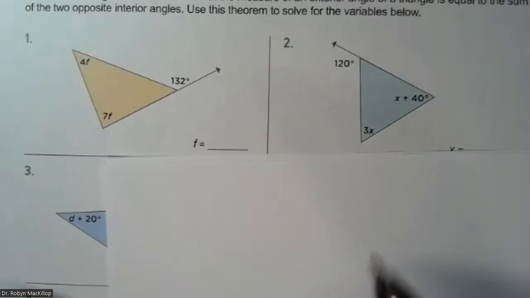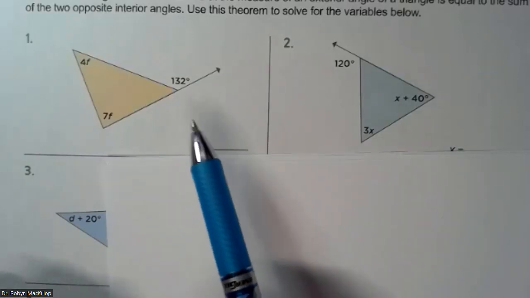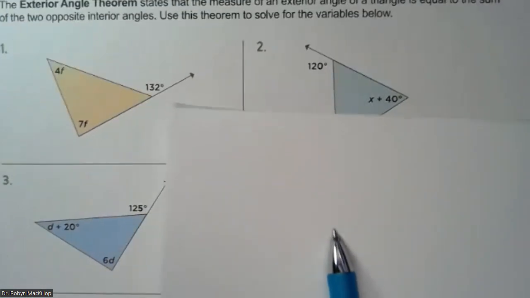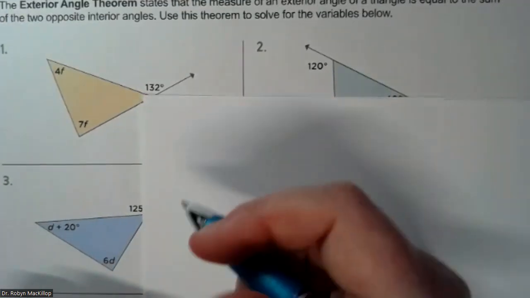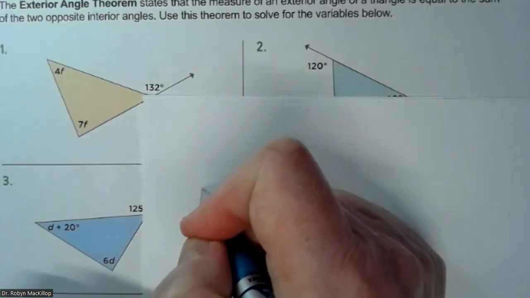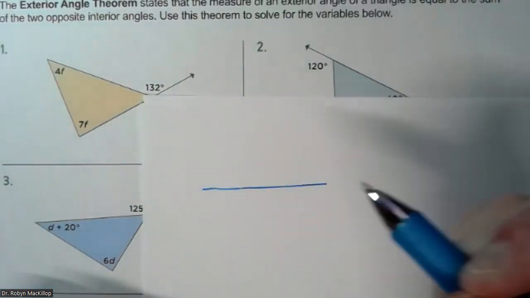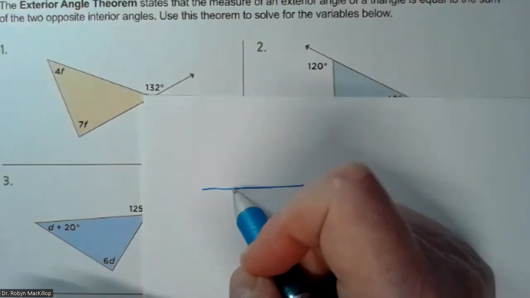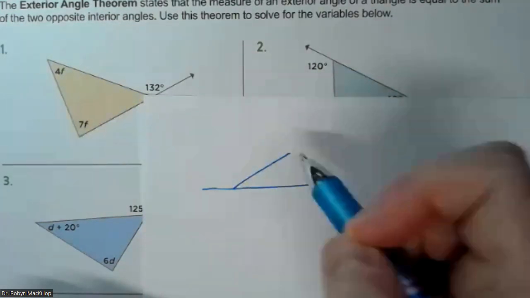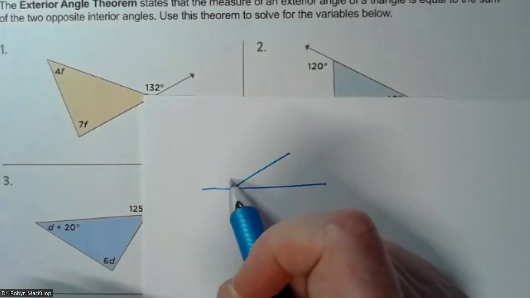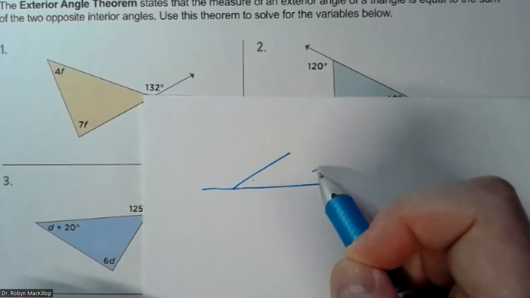Okay, I found it. Now I'm going to do a little bit of background on angles, because there's something you need to know about angles. Anytime you've got a line or a side, and there's another line coming out of it, the sum of these two angles equals 180.